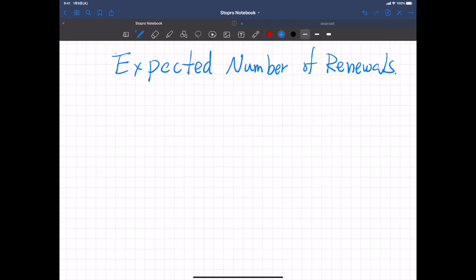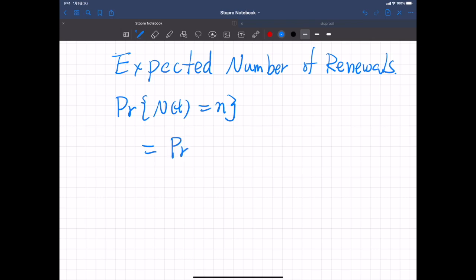Now let's try to calculate the expected number of renewals by some given time t. To do so, we need to know the probability mass function, that is, N of t equals some given number, lowercase n. To calculate this, we use this equality, which should be obvious.